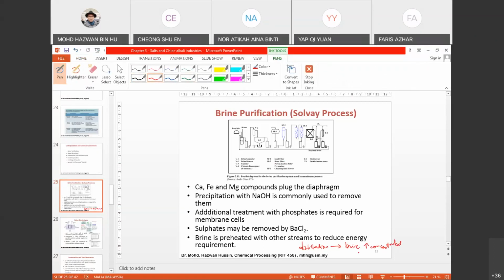And when you have a slightly more concentrated brine, then during the process, the conversion into caustic soda will be higher as well.